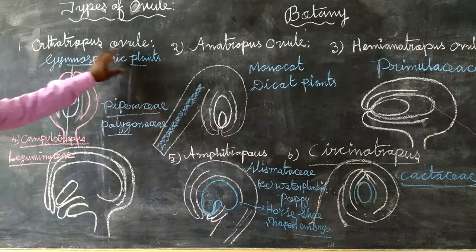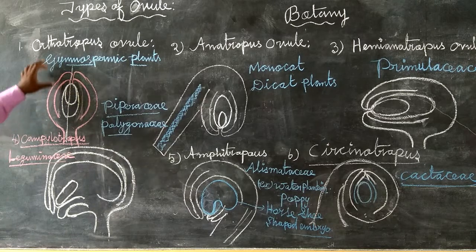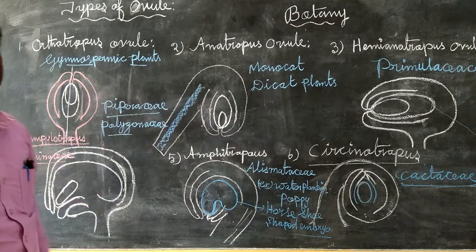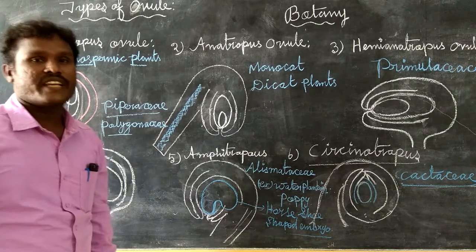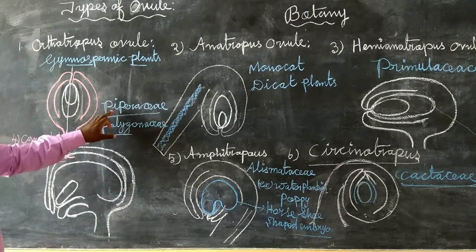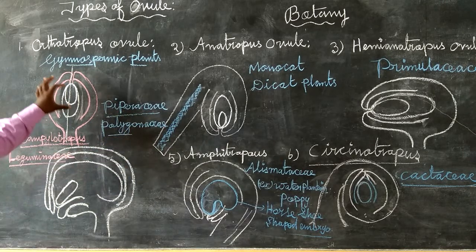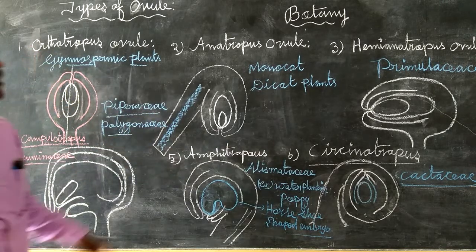It is called orthotropous ovule. Straight. Examples: gymnospermic plants, Ficus and Pinus. One more example: Piperaceae and Polygonaceae show this type of ovule.